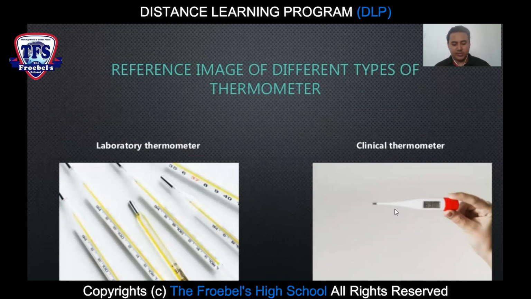Similarly, the steam point is the upper fixed point of the thermometer, and this is the temperature of dry steam from water boiling at a pressure of 1 atm, and it is assigned a value of 100 degrees.